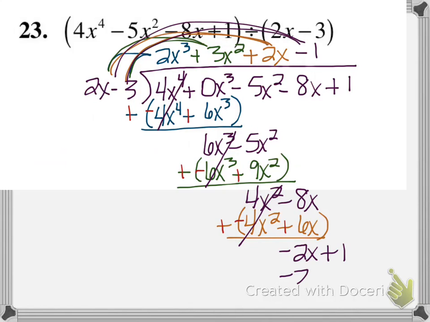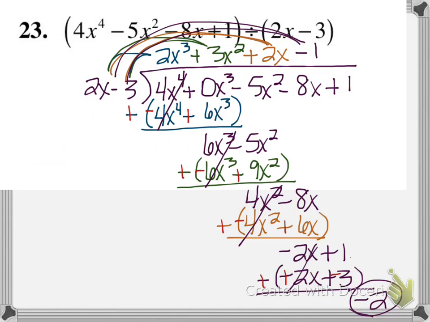I'm going to get negative 2x plus 3 when I do that. Subtract the quantity. So add the opposite. My 2x's drop out. I have 1 minus 3, which is negative 2. So I have a remainder.